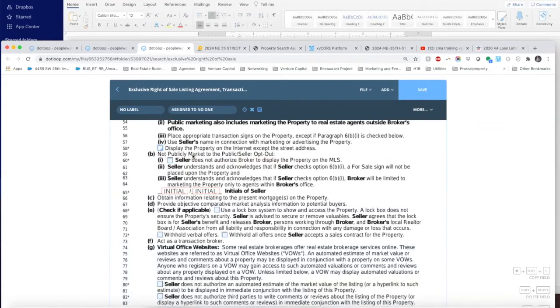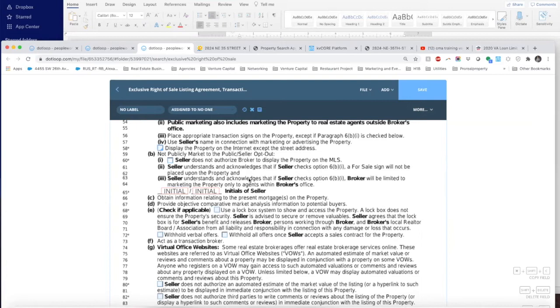Not publicly market to the public, seller opt out. So seller does not authorize broker to display. That's if the seller for any reason says they don't want the property to be publicly available to the market via MLS or other internet resources. Again, they need to justify that, because otherwise it will be an off-market pocket listing, and you need to talk to the seller, because right now it's a seller's market and you need exposure for the listing in order to sell it quicker.